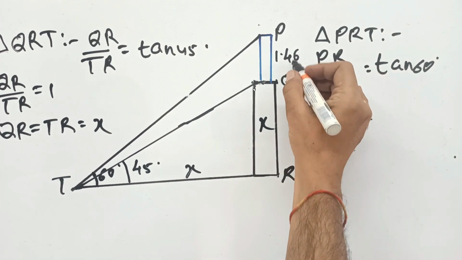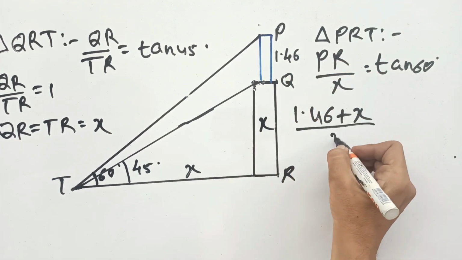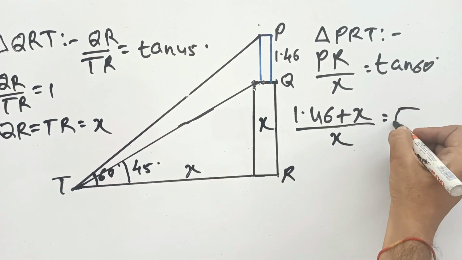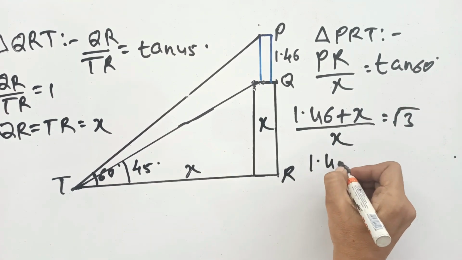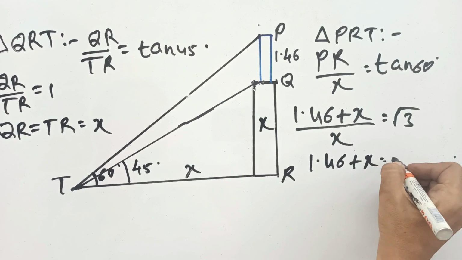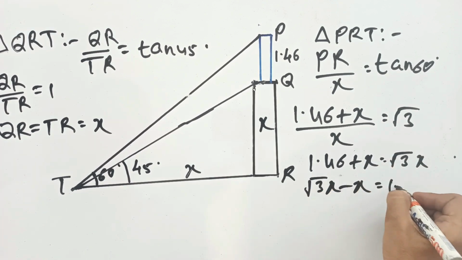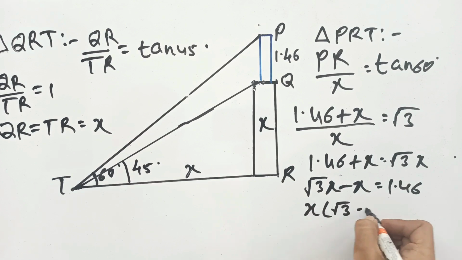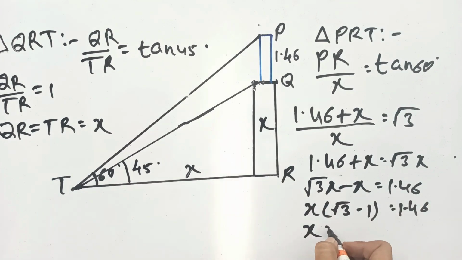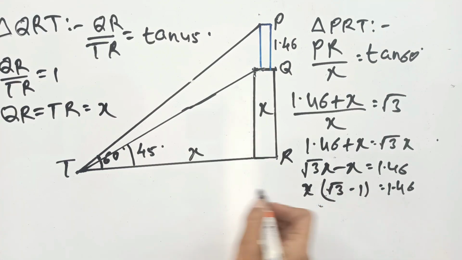So 1.46 plus x upon x is equal to root 3. The rest of the portion I am solving here.